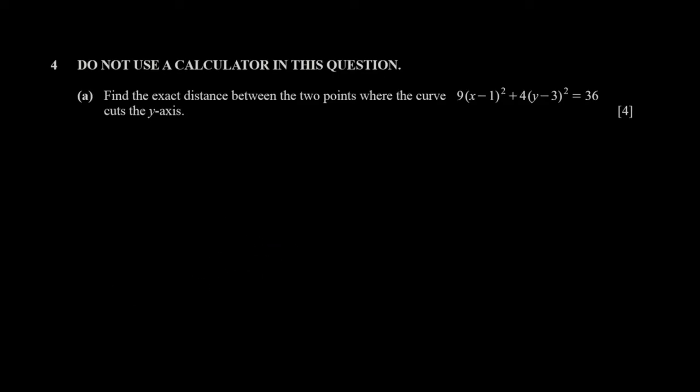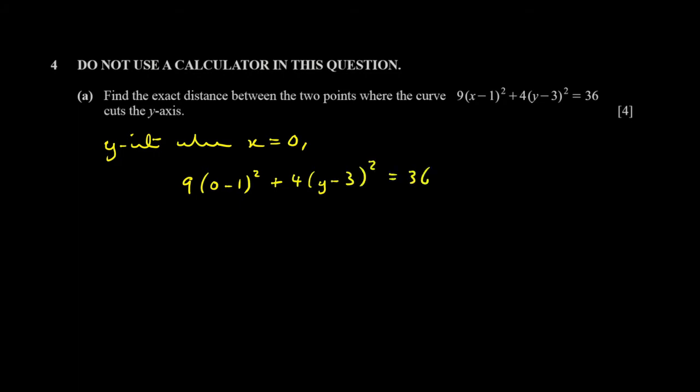So, y-intercept, when x is equal to 0. So we're going to substitute that into the curve here. We're going to get 9 bracket 0 minus 1 squared plus 4 bracket y minus 3 all squared is equal to 36.